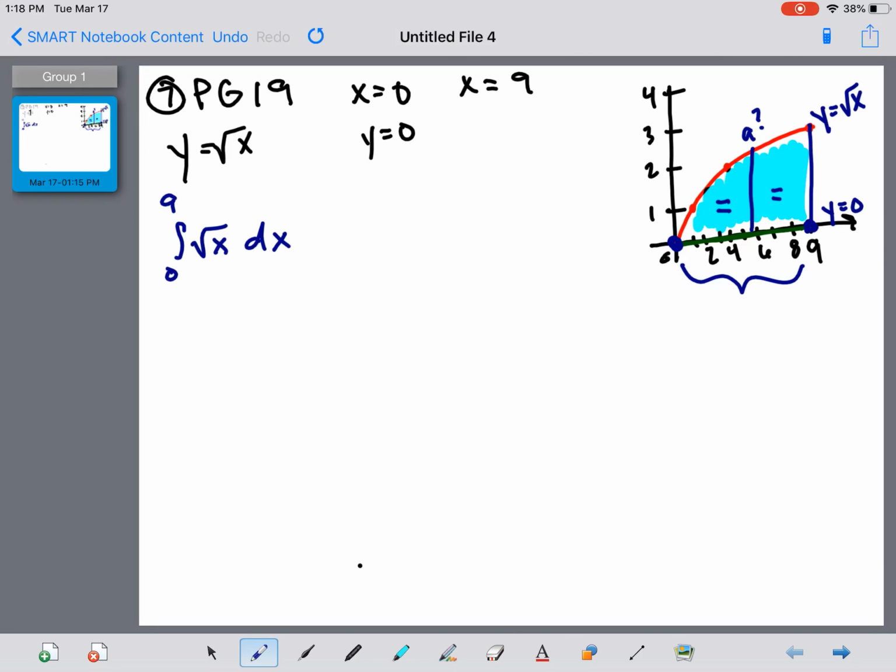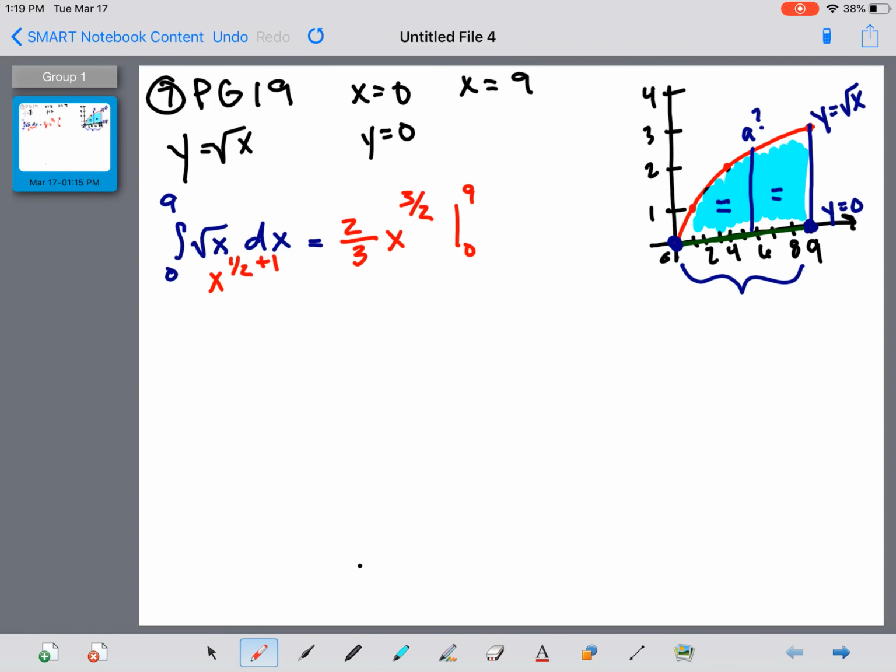All right, so when I integrate that, I know that the square root of x is the same thing as saying x to the 1/2, and I know how to integrate that. I add 1 and then divide by the new exponent, so 1/2 plus 1 is 3/2, so that makes it 2/3 x to the 3/2 from 0 to 9.